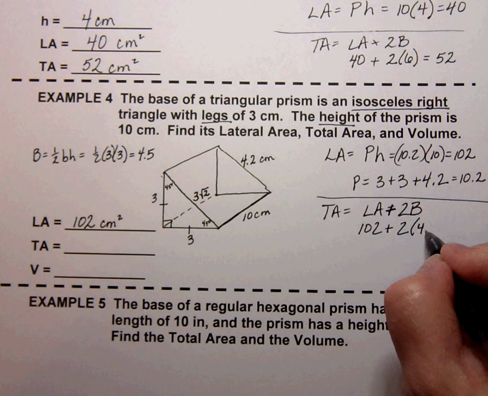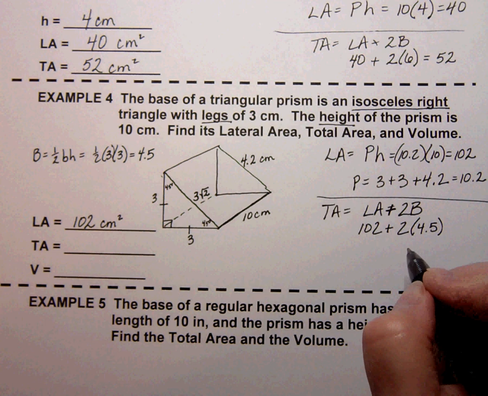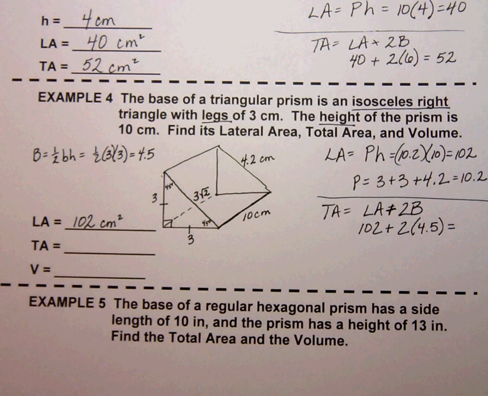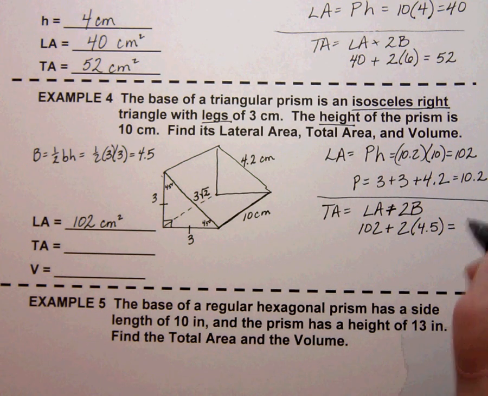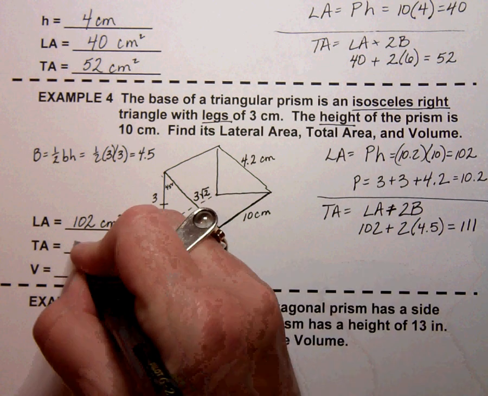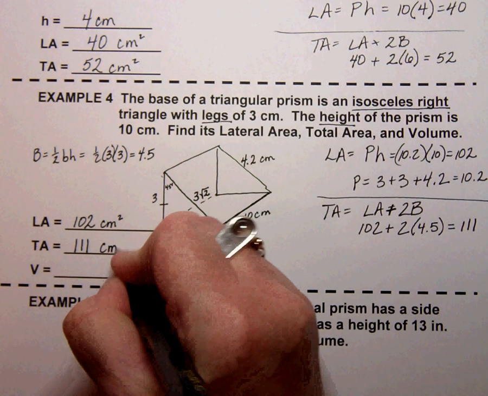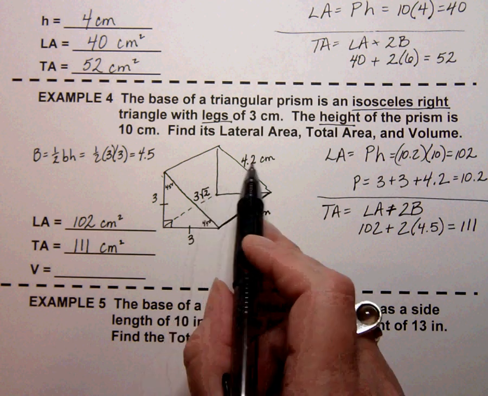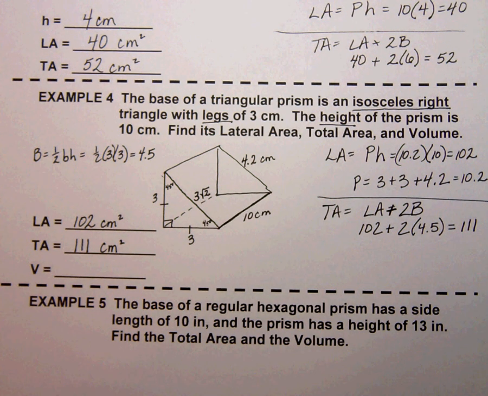So that's 102 plus 2 times 4.5. 4.5 times 2 is 9. 9 plus 102 is 111. So it's 111 square centimeters. These are kind of approximates because remember we did the square root of 2 and we turned it into 4.2. So these aren't exact answers, but they're close.